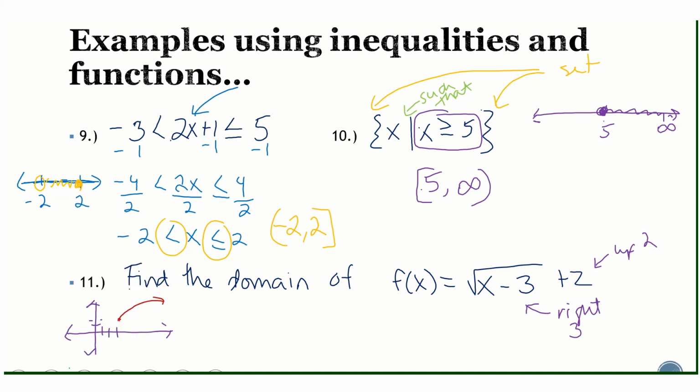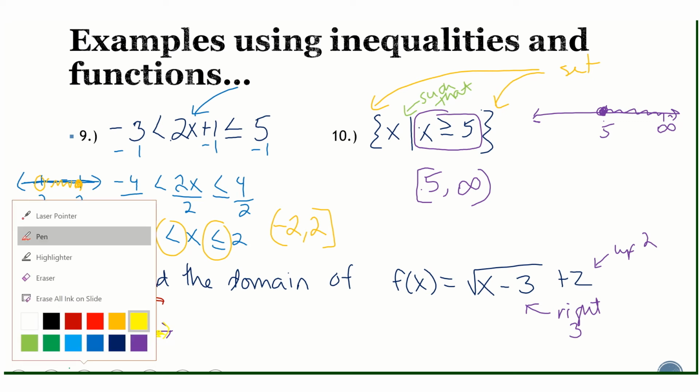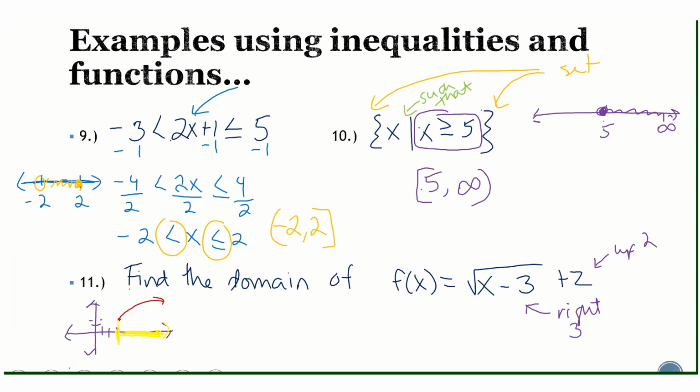The way I was explaining it was, your domain is your x's, and you're projecting it onto the x-axis, onto the horizontal number line. And now, hopefully, you'll be able to see what your interval notation would be for that. You would be starting at the 3 and going to infinity. There we go.